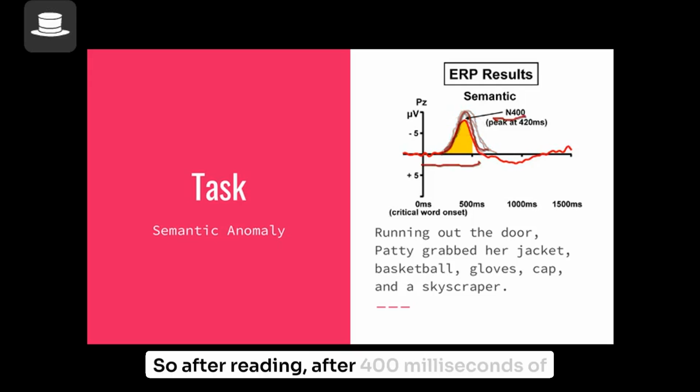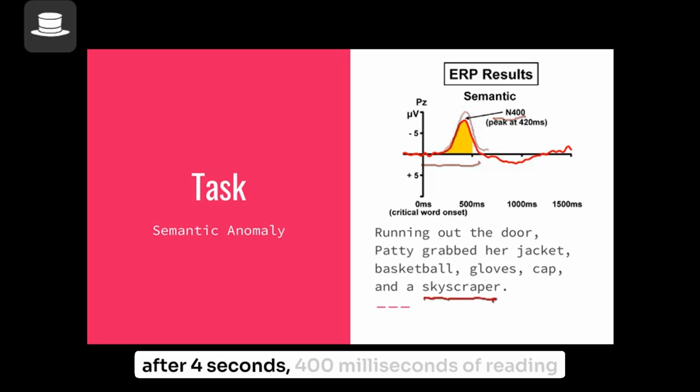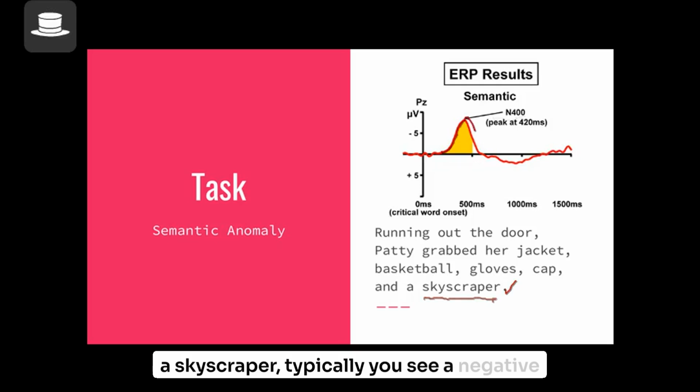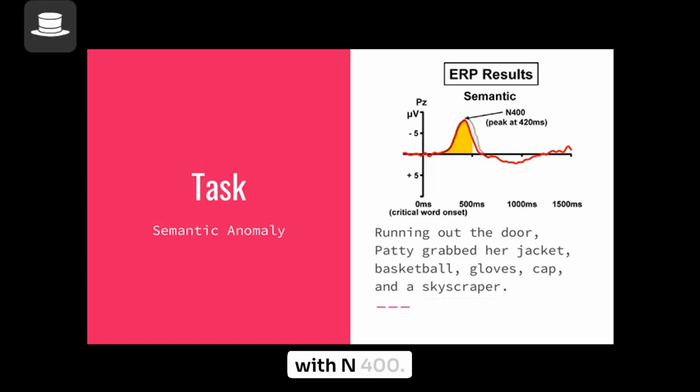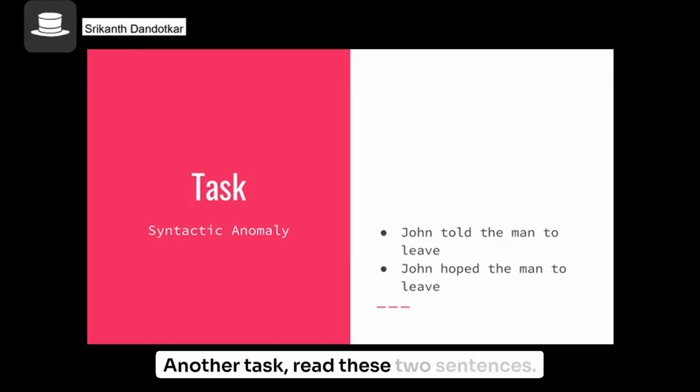So after 400 milliseconds of reading the word skyscraper, typically you see a negative wave. That's why it's called N400: negative, after 400 milliseconds. So semantic anomaly is typically associated with N400.